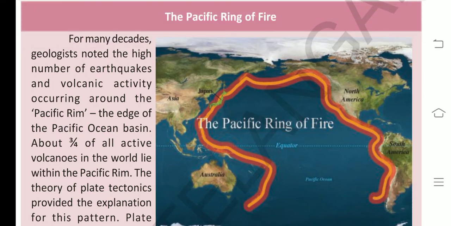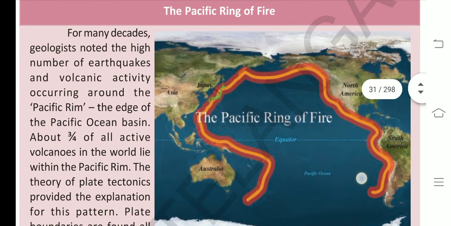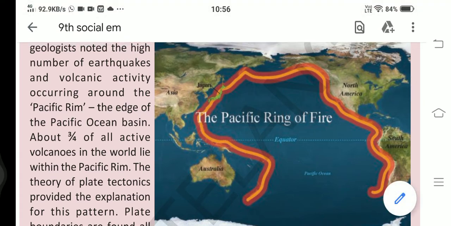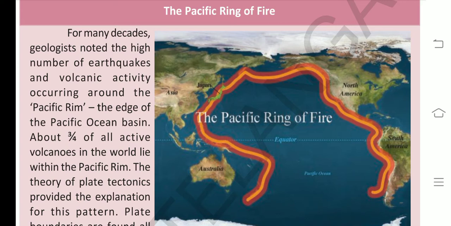This map is shown for you to understand that there is the Pacific plate. Understand? This is the red line. Wherever you see the dots, this is completely the Pacific plate.